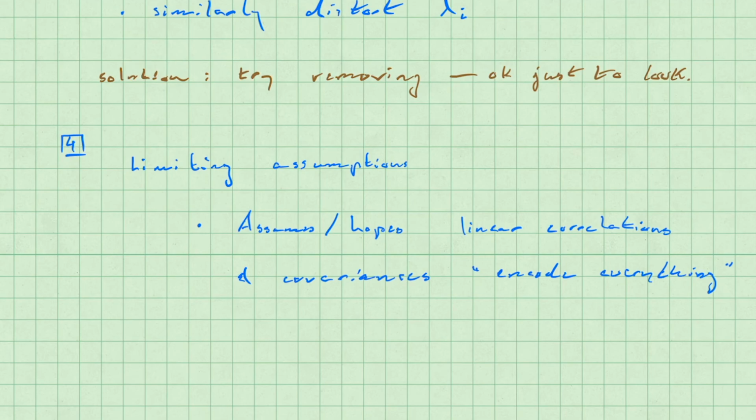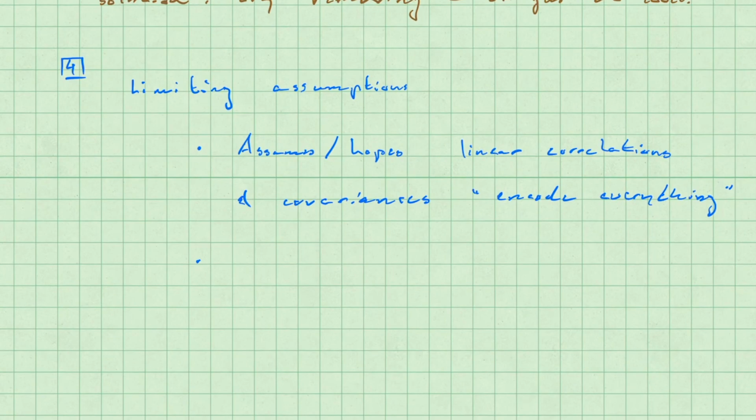But that is just often not the case. The world is not a particularly linear place all the time. And it could be that there are lots of important nonlinear relationships that you're not seeing.